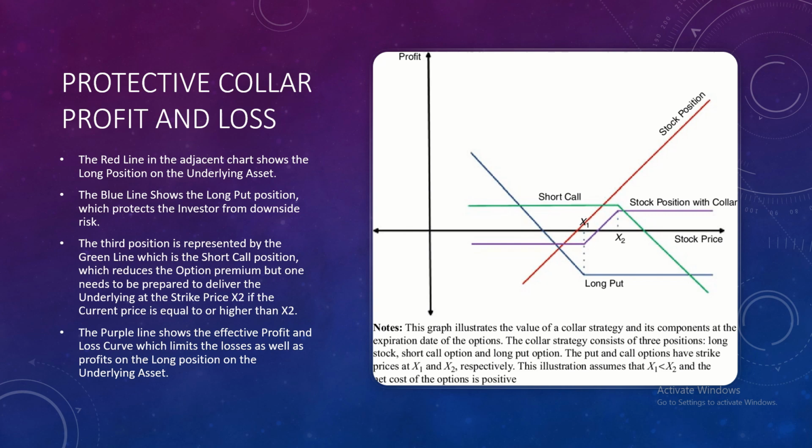The third position is represented by the green line, which is a short call position, which reduces the option premium, but one needs to be prepared to deliver the underlying at the strike price X2 if the current market price is equal to or higher than X2. The purple line shows us the effective profit and loss curve, which limits the losses as well as profits on the long position on the underlying asset.